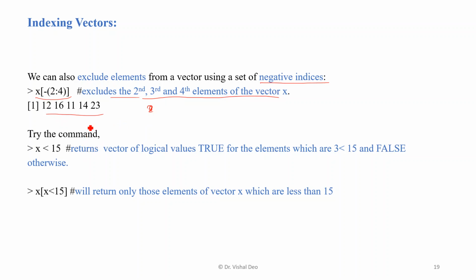So negative is for exclusion, and it will return all the other values except those which you have entered here. Again, you can use the concatenate function also. You want to exclude the first, fifth, and seventh value, so the rest of the values will be shown.